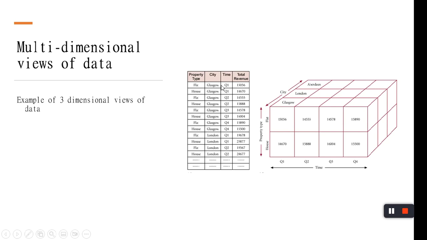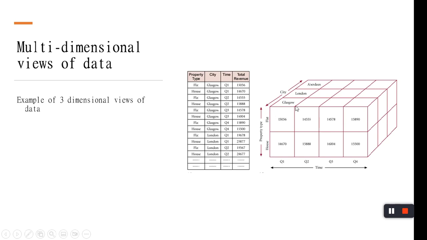And then if we are to convert this using OLAP, OLAP will show us this way. It shows like a cube. It is presented like a cube, and it has three dimensions. This is the first dimension covering the cities, the second dimension on the property type, and then the third dimension regarding our quarters from quarter 1 to quarter 4.